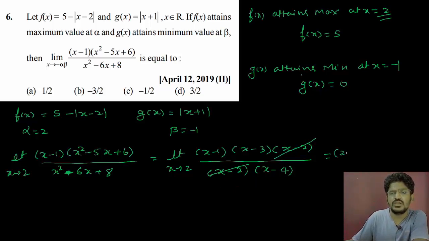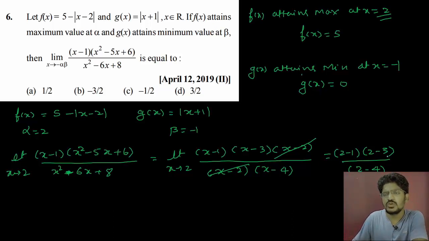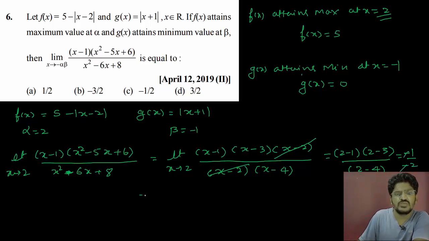That will be (2 minus 1)(2 minus 3) divided by (2 minus 4). Okay. So that will be 1 into minus 1, so that will be minus 1 divided by minus 2. Cancel minus and minus. Your answer will be equal to 1 by 2. Therefore, option A is going to be the right answer.